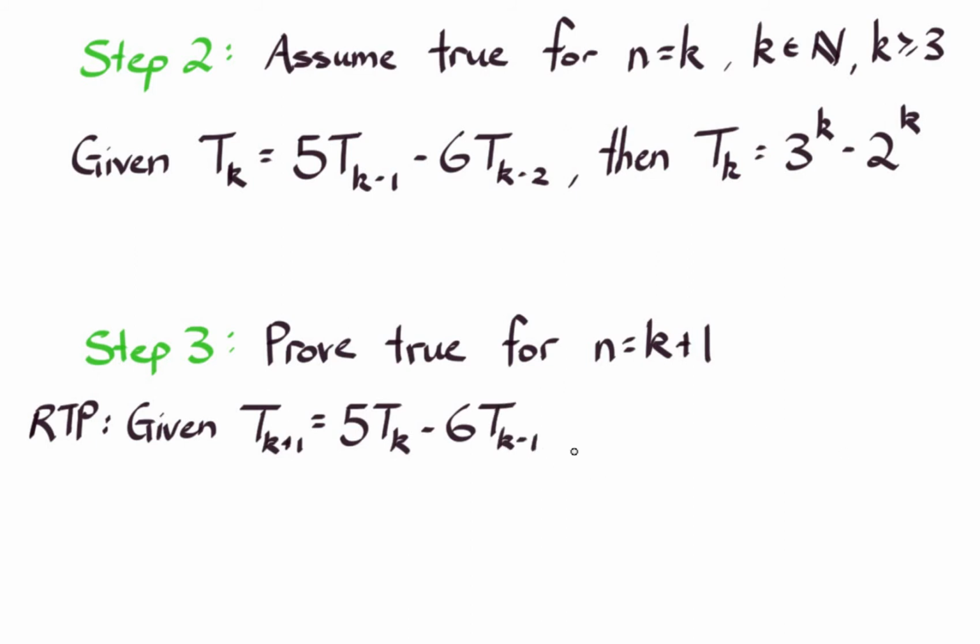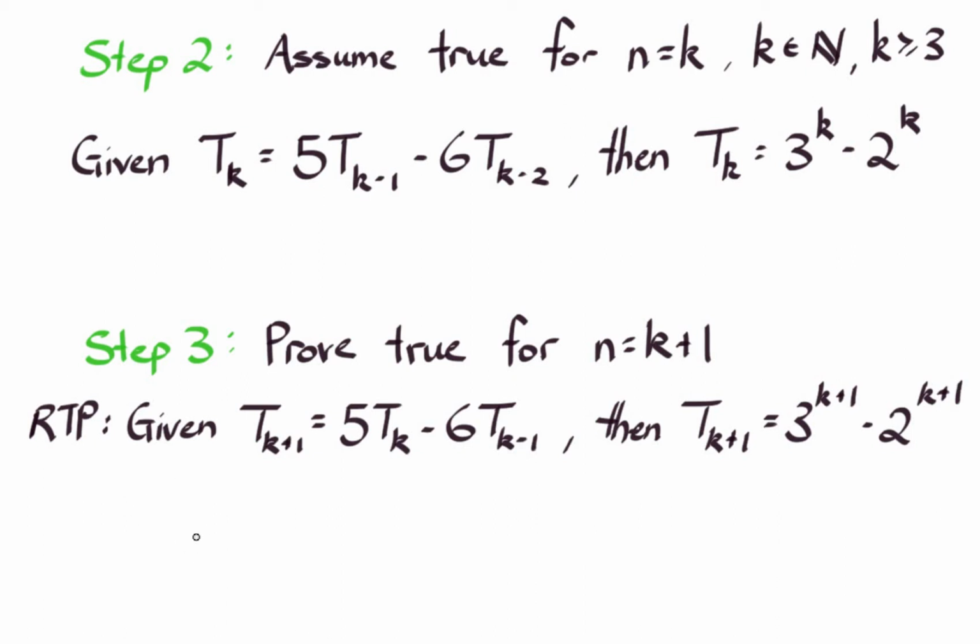Given this, then tk plus 1 can also be found by 3 to the power of k plus 1 minus 2 to the power of k plus 1. So that's what we're required to prove in step 3.